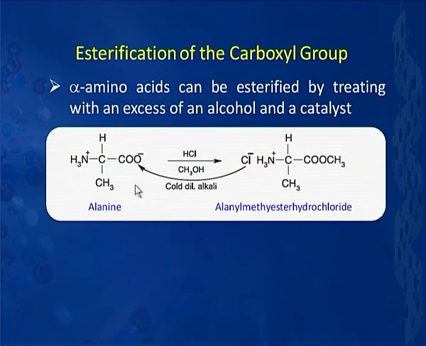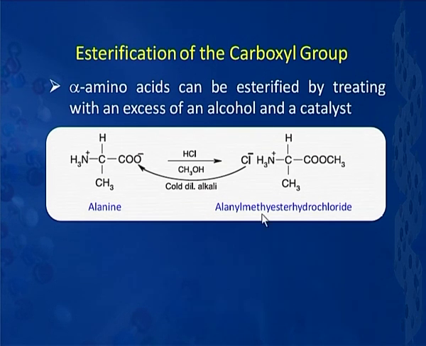Suppose I take alanine, this is my simple amino acid, I treat it with HCl in presence of alcohol. Alcohol is my reactant here, HCl is a catalyst here. So, in this reaction I will be getting a methyl ester of the amino acid. By creating an ester group over here, I am blocking this COOH group, and then my NH2 is free to participate in the peptide synthesis.